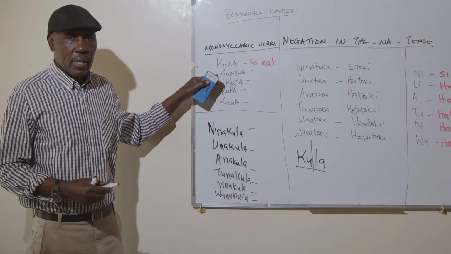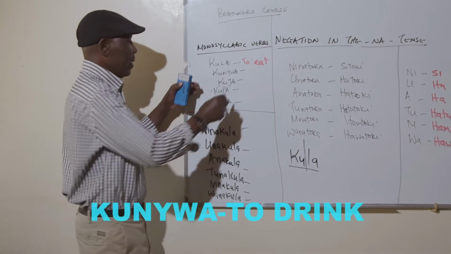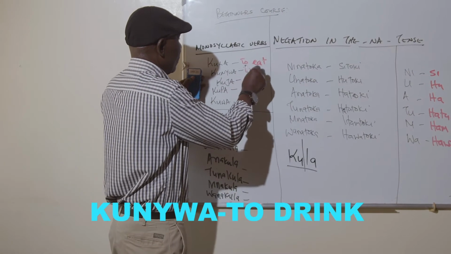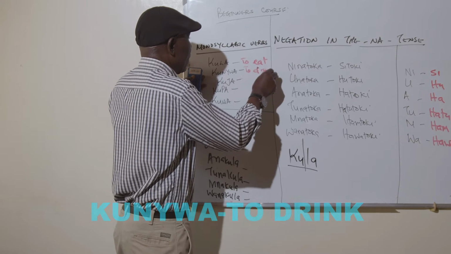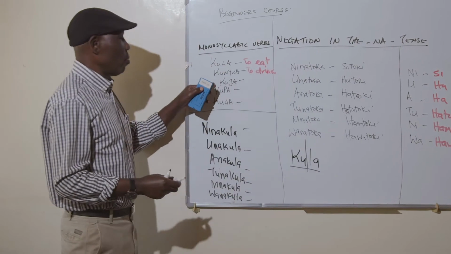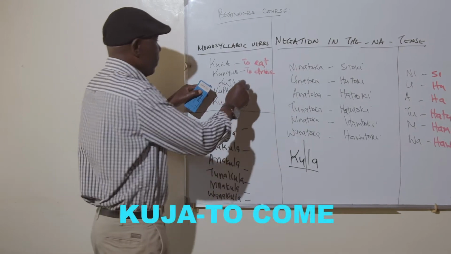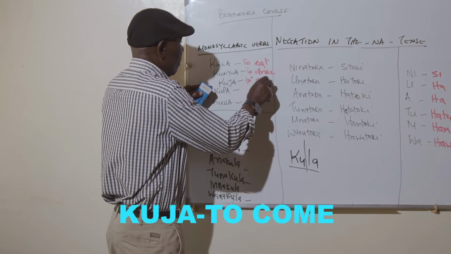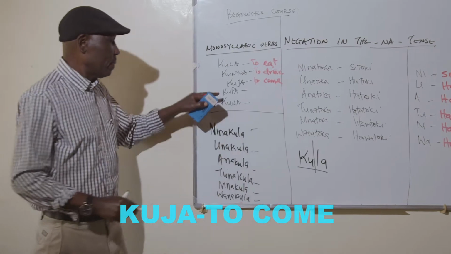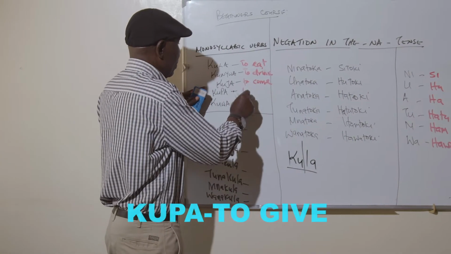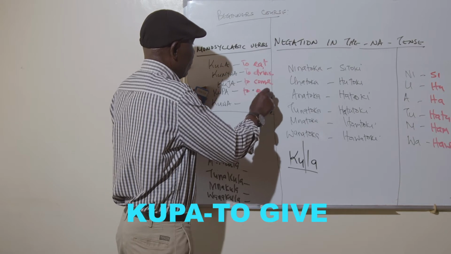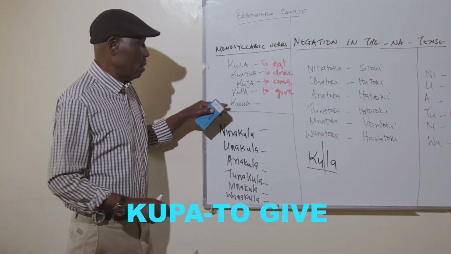Kunywa is to drink. And then kuja is to come. Kupa is to give.